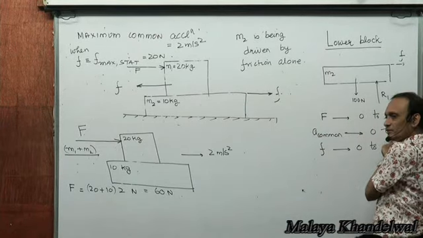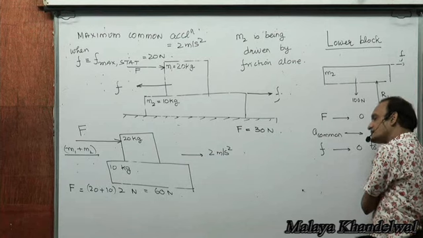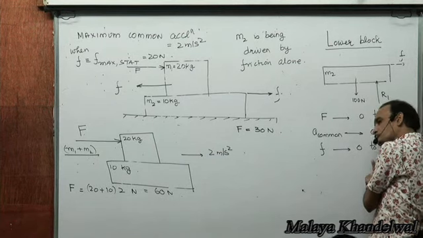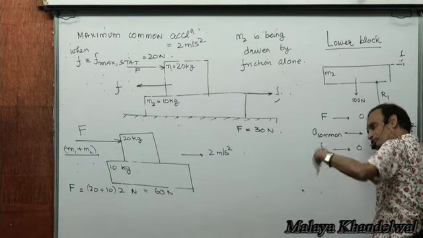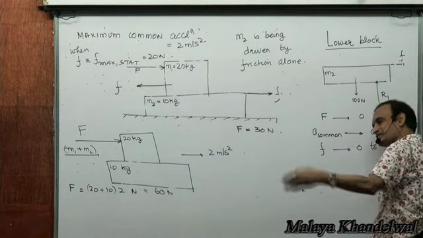Then the common acceleration will be less than 2 meters per second squared, and frictional force will be less than 20 newtons. That means they will move with common acceleration. Yes or no? So values of capital F less than 60 newtons will cause the two bodies to move together, right?